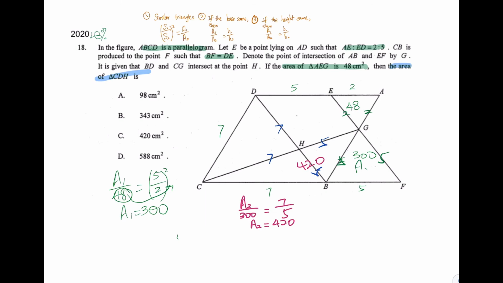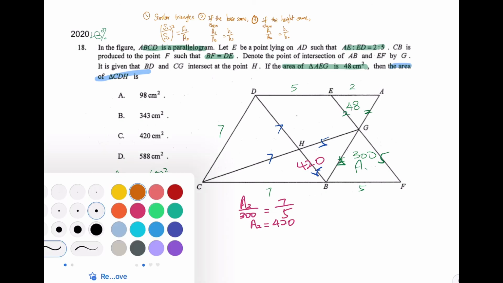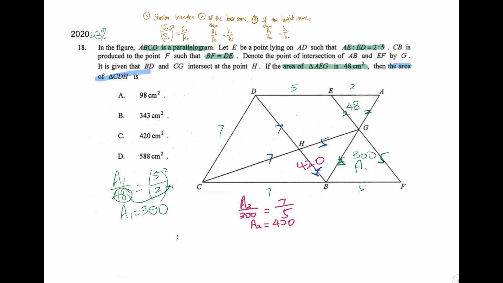Yeah, after you write the ratios, then you should be able to see a same height different base triangle again here. Let me draw in a better way. Yep. And then here, and then we have this side 5, this side 7, and the whole thing is 12, and the whole thing area is 420, but we just want this, right?